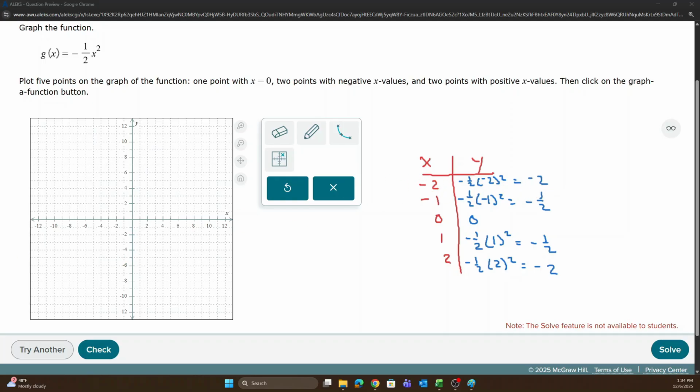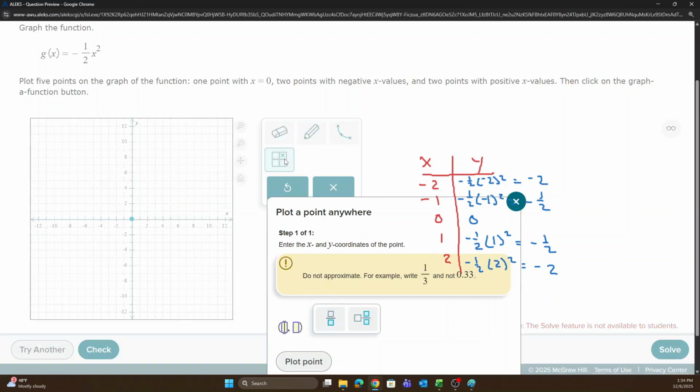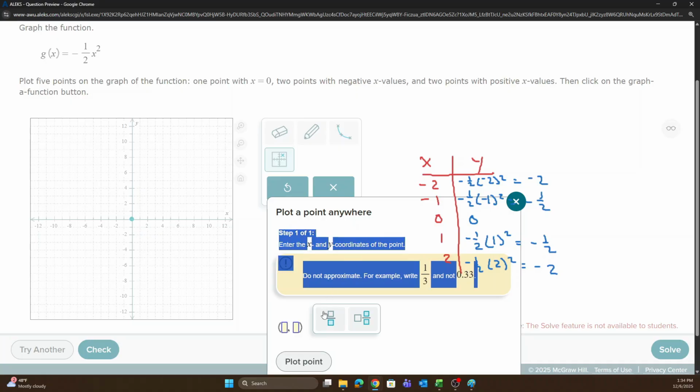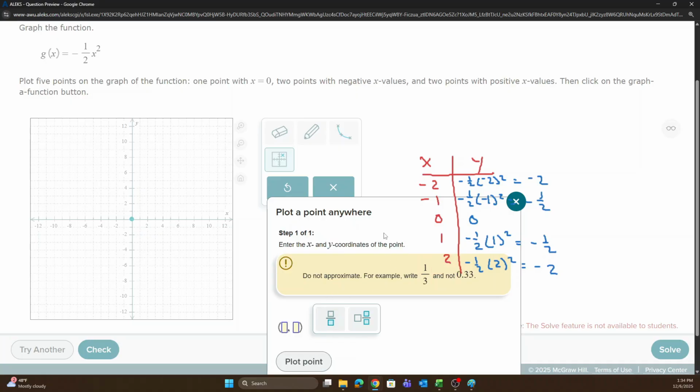So we want to go ahead and plot these points. We have 0, 0, 1, 1/2, which we can't plot out here like this. Oh, it looks like it's letting us, but I'll show you the other thing. So 1, comma 1/2, but remember that this is negative.